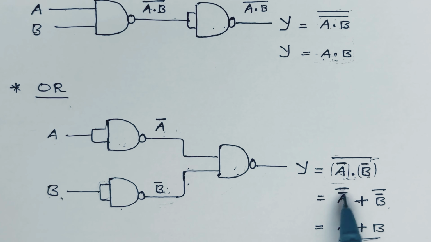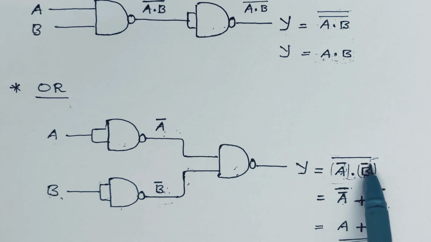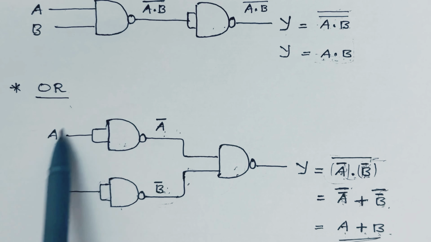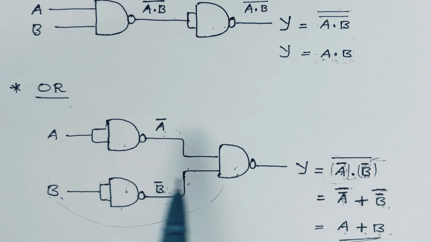So A bar becomes A bar the whole bar, plus B bar the whole bar. Now A bar the whole bar is A, and B bar the whole bar is B. So what do we get at the output? A plus B. The A plus B operation is nothing but the operation of an OR gate. So we are getting an OR gate using NAND gates.